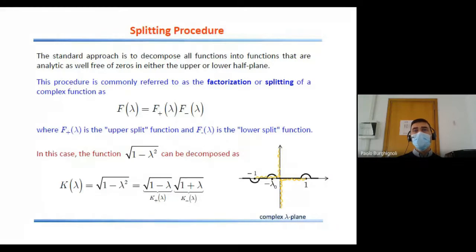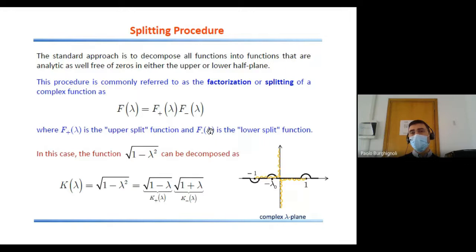which gives the factorization method. Some complex function f of lambda can be written as f plus and f minus, where f plus and f minus are called the so-called split functions.